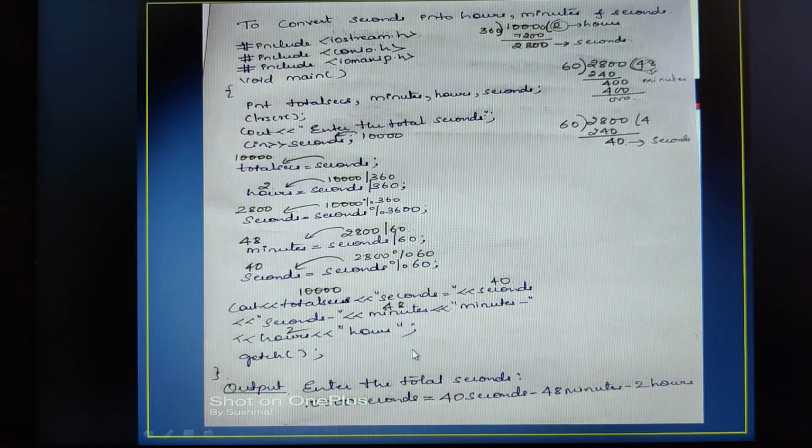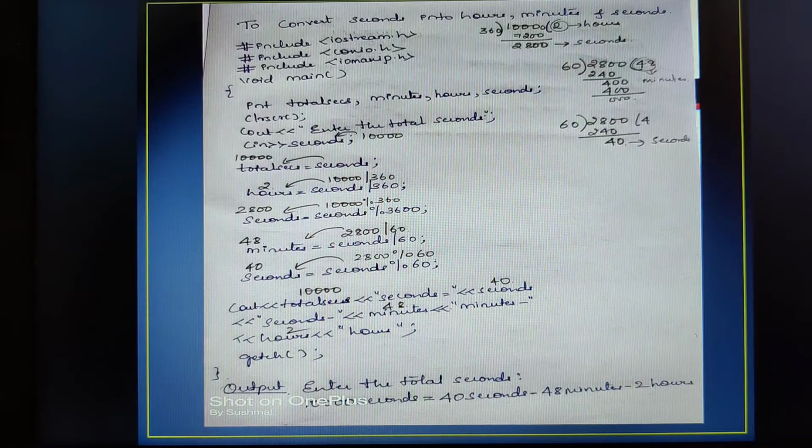So here students, it is not 360. It should be 3600. So 3600 into 2 is 7200. The 0 is missing here by mistake.